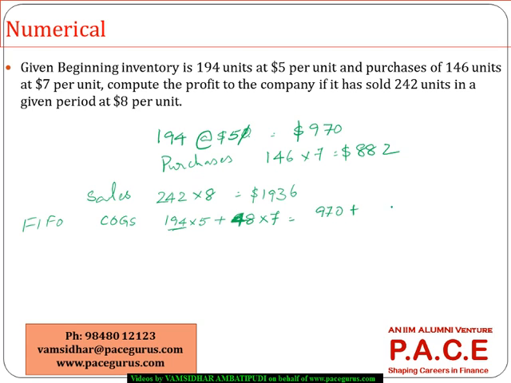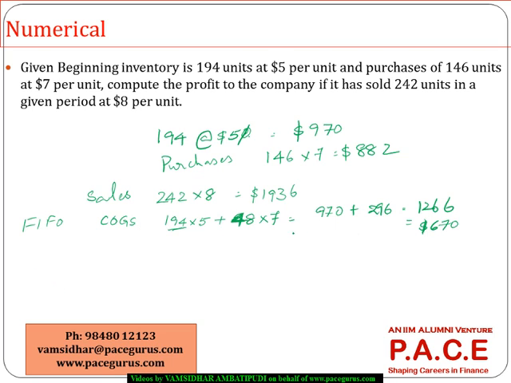970 plus 296, so working out to 1266 as the cost of goods sold in case of FIFO. Assuming all other costs are zero, this results in a net income of $670 in case of FIFO.